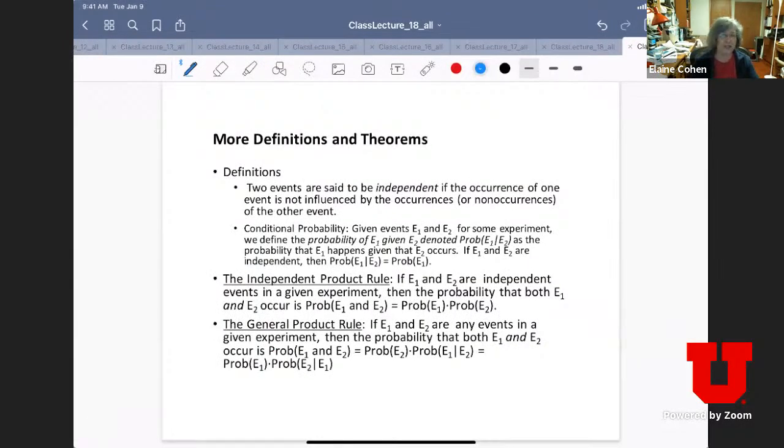Okay, so let's learn some more things. 2 events, remember, are independent if the occurrence of one doesn't affect the other. Now we're defining conditional probability. Given events E1 and E2, like picking our marbles, we denote the probability of E1 given E2. In our case, we'd say the probability of at least half the marbles being white if the first marble is red.